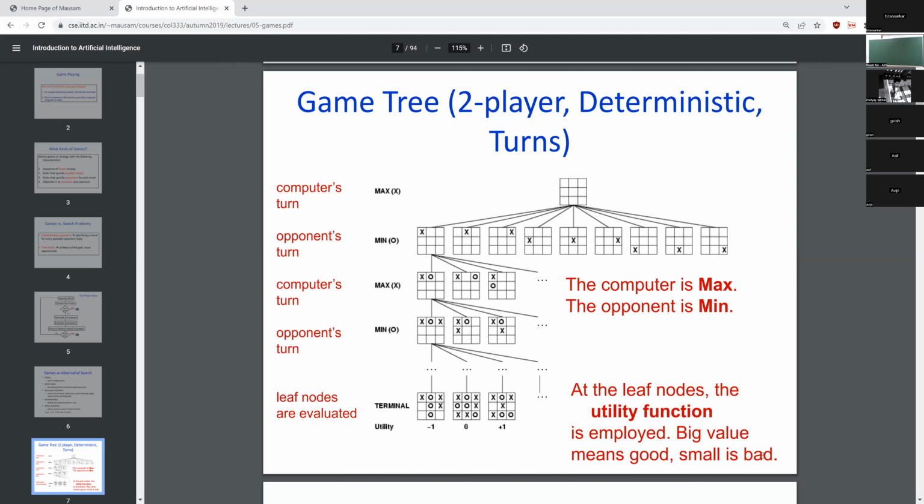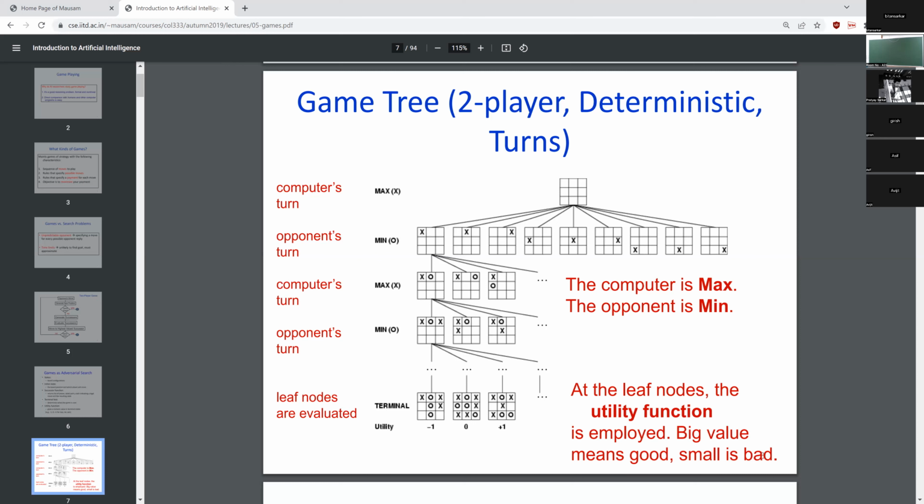All right. So Bitan, we have not started discussing the solution yet. We are not discussing yet how we come up with a winning strategy for an AI agent. We are just discussing that the game consists of these many states which you can draw as a game tree.